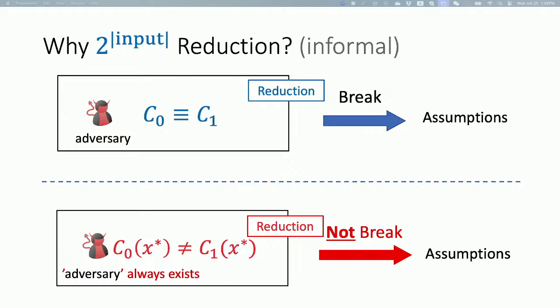The adversary can just distinguish the obfuscated program by running the obfuscated program at this point x star and observing the difference in their output. So the adversary can always distinguish the obfuscated program. In this case, if the reduction can still break the underlying assumption, then that means the underlying assumption is already broken. So in this case, the reduction shouldn't break the underlying assumption.